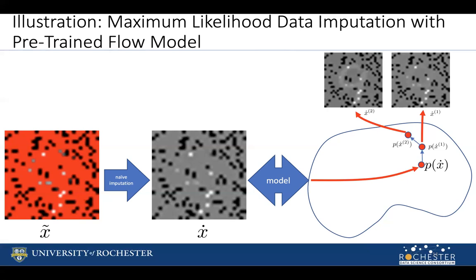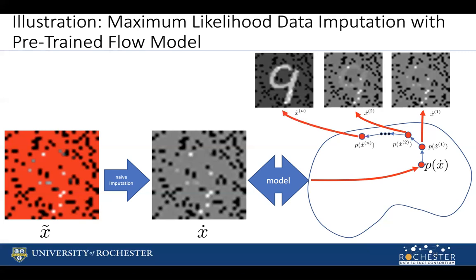We can continue moving in steps that result in increasing likelihood and stop iterating once a convergence criterion has been met. The goal of this process is to maximize the likelihood of the resulting reconstructed image given the known data distribution and conditioned on the known pixel values.